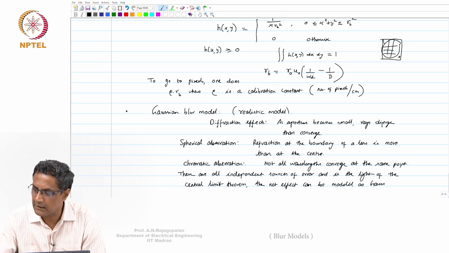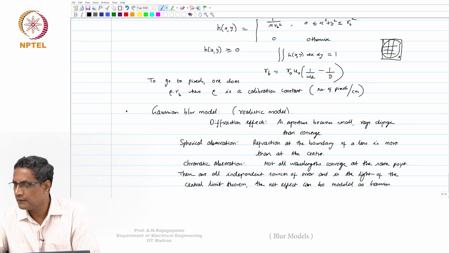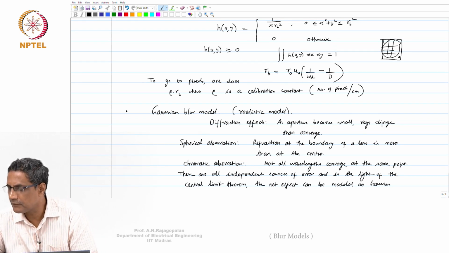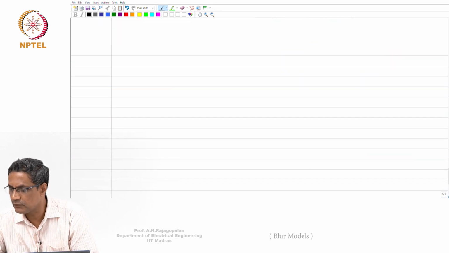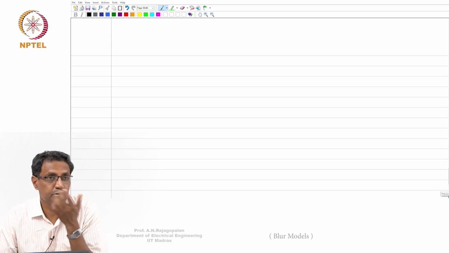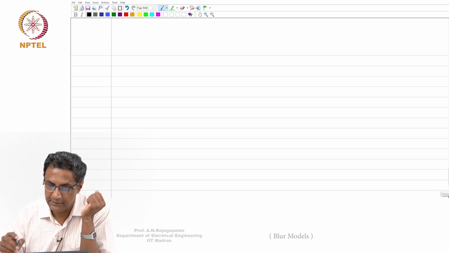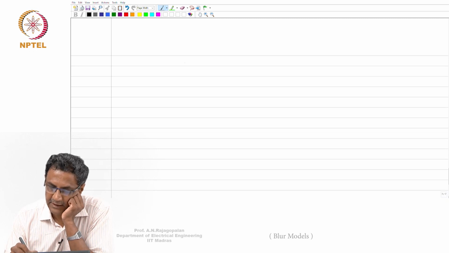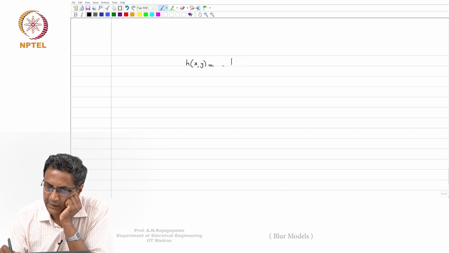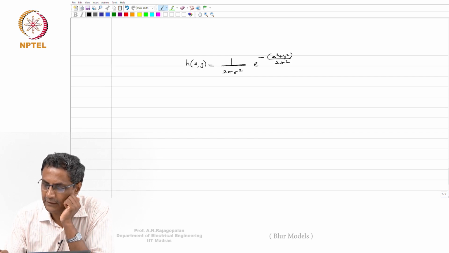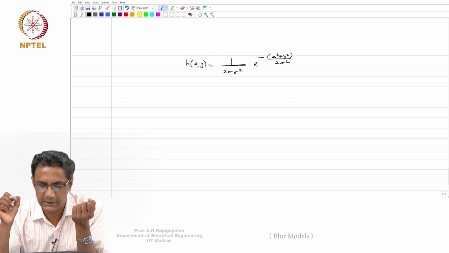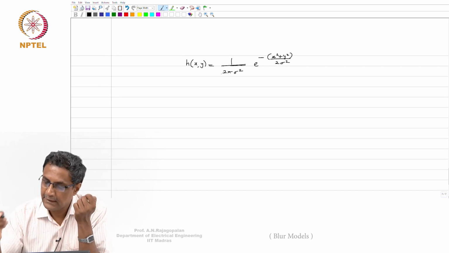So in MATLAB and all, you will find that when people want to synthesize some blur, they will use a Gaussian. If you are wondering why they use a Gaussian, this is the reason. Which then means that h of xy is 1 by 2 pi sigma square e raised to minus of x square plus y square by 2 sigma square, so that it integrates to 1.